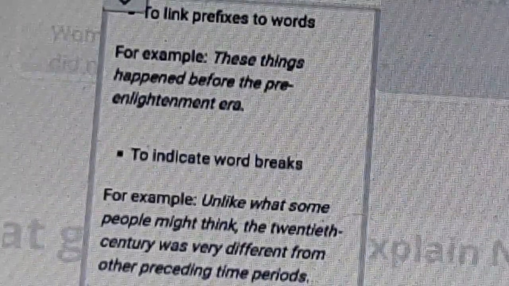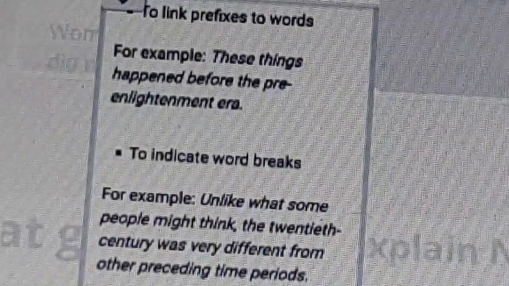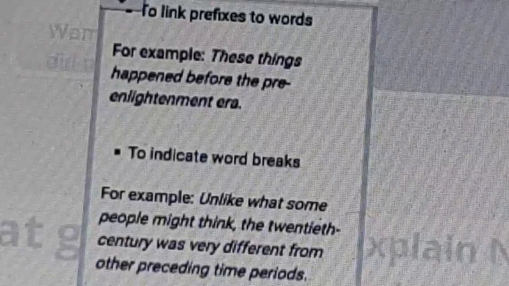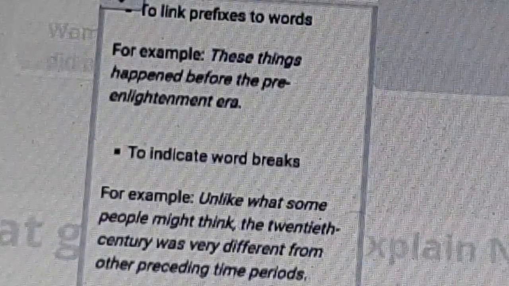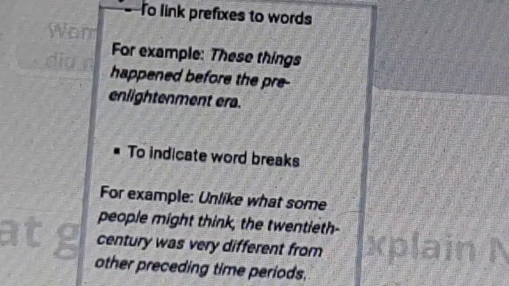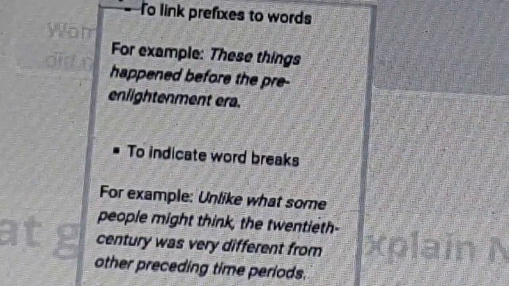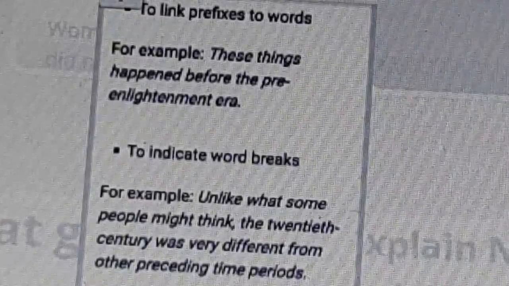To link prefixes to words. For example, these things happened before the pre-enlightenment era. Okay, here pre-enlightenment, we are adding pre here, so it is a prefix. So we put there a hyphen after pre-enlightenment. Okay, next, to indicate word breaks.